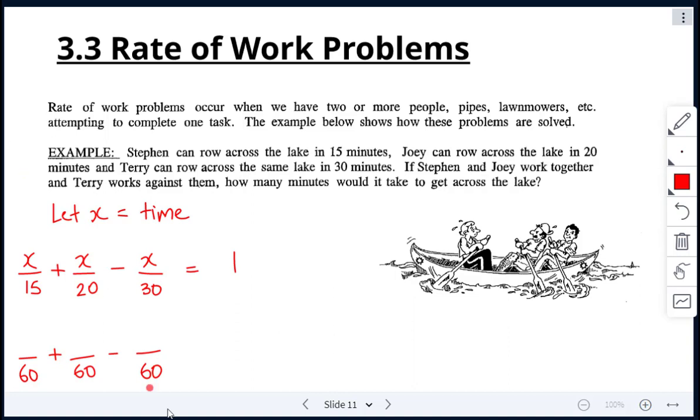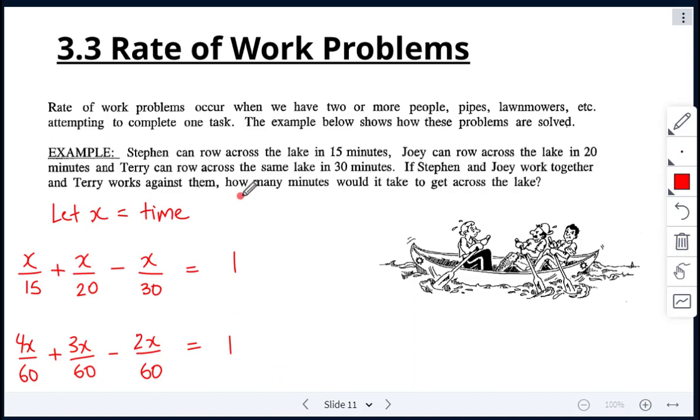I had to multiply 15 times 4 to give me 60, so I have to multiply the x times 4, which gives me 4x. 20 times 3 gives me 60, so x times 3, that's 3x. And then 30 times 2 is 60, so up top here will be 2x. And that's all equal to 1.